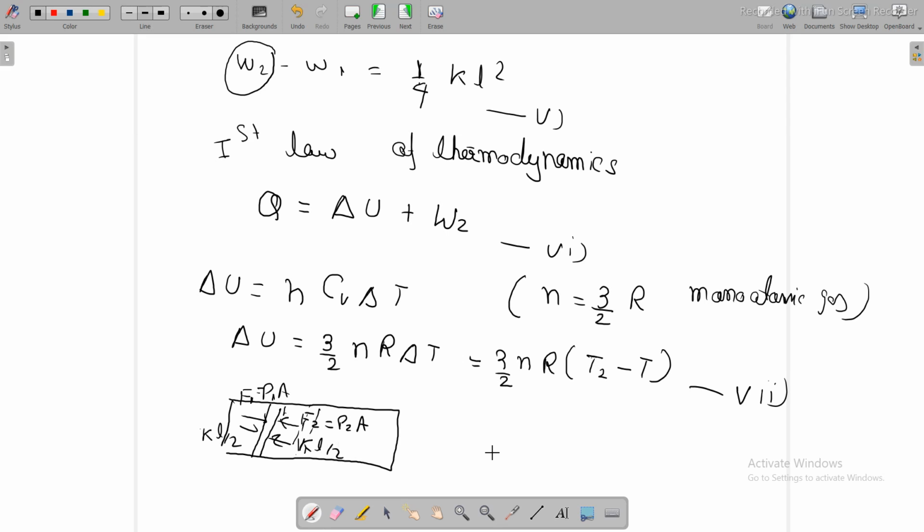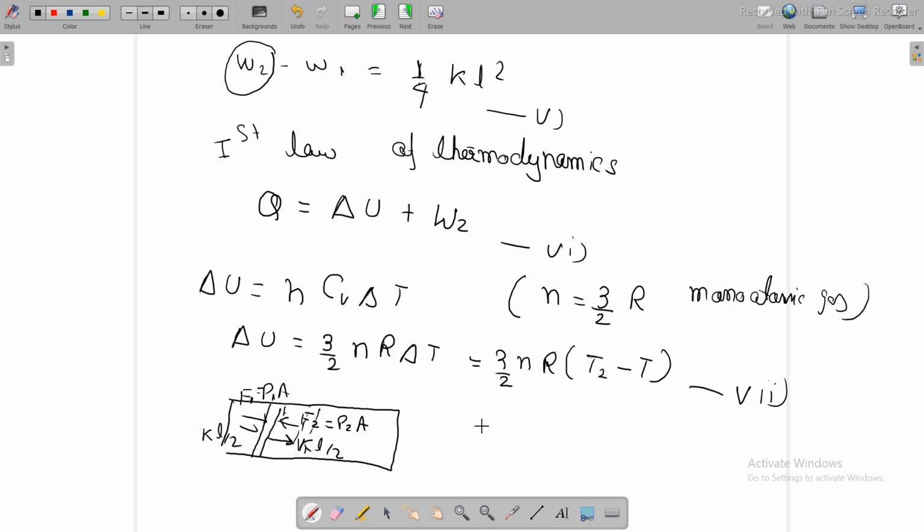Therefore in equilibrium there is expansion, not compression.